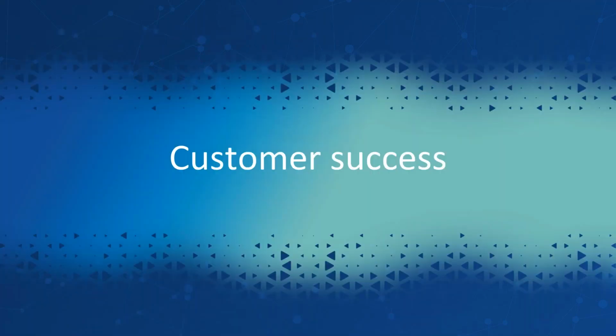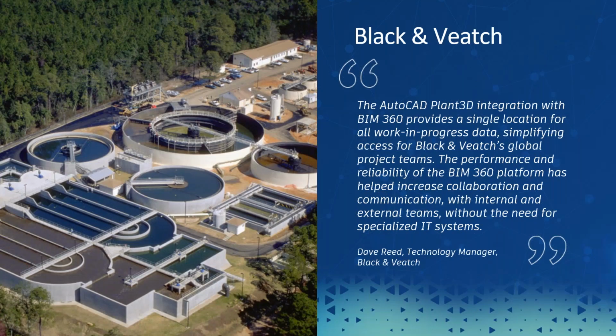For people who are using collaboration tools in the plant industry, I have tried to gather two different customer successes, which is very important, and preferably they might be well known in the plant industry. One being Black and Veatch, where they use Autodesk solutions like Plant 3D and integrate with BIM 360.